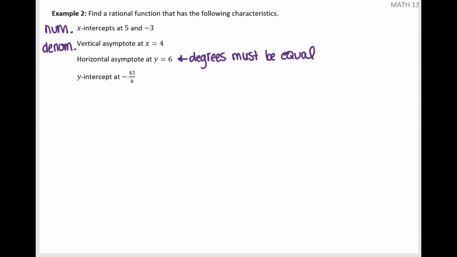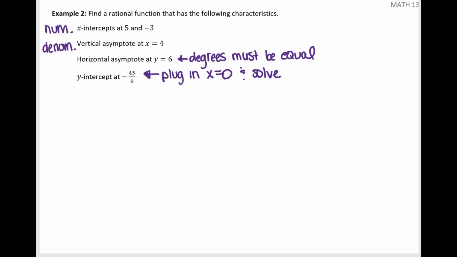But what we do know is how we find a y-intercept. We plug in x equal to 0 and solve. So once we get our function, if we plug in 0, we better get negative 45 over 8 for our y-intercept. So let's go back and figure out our factors.